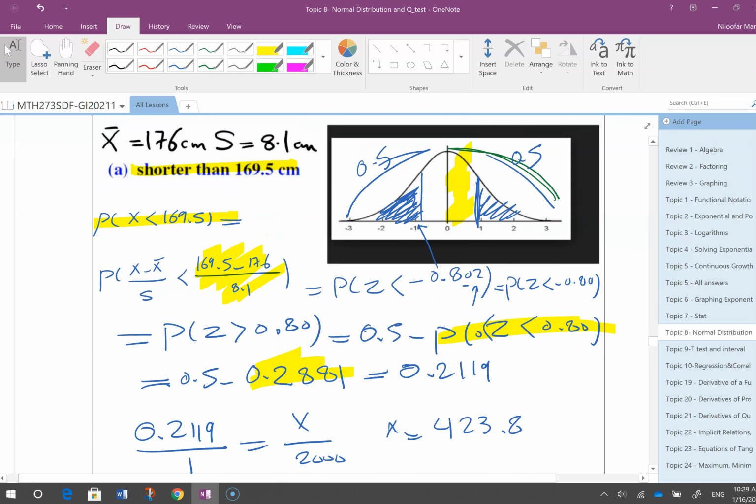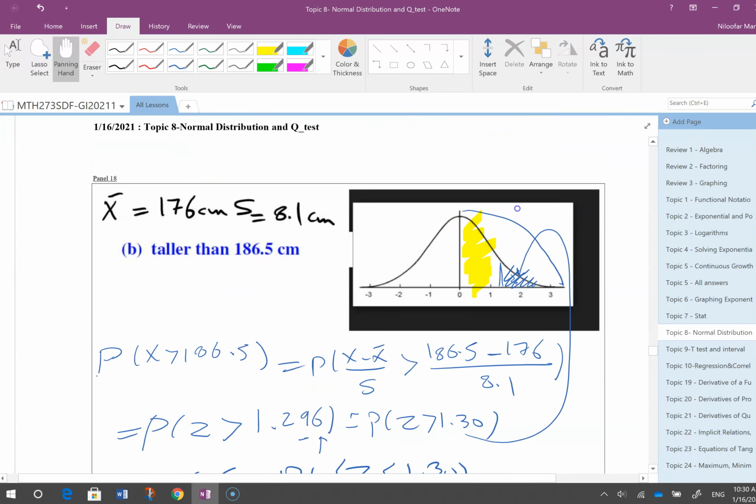For this one I said less than, and then I went to Z, and then I find the answer on the area. It is less than minus, so it's the same as more than plus, and then half minus the positive part. Half minus that, and then you have the answer.